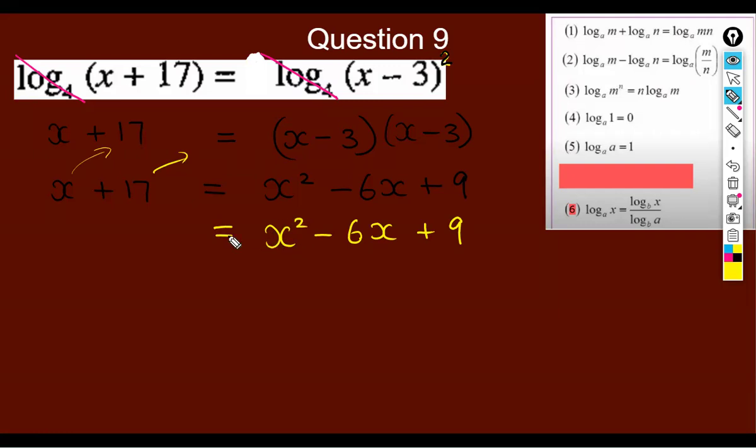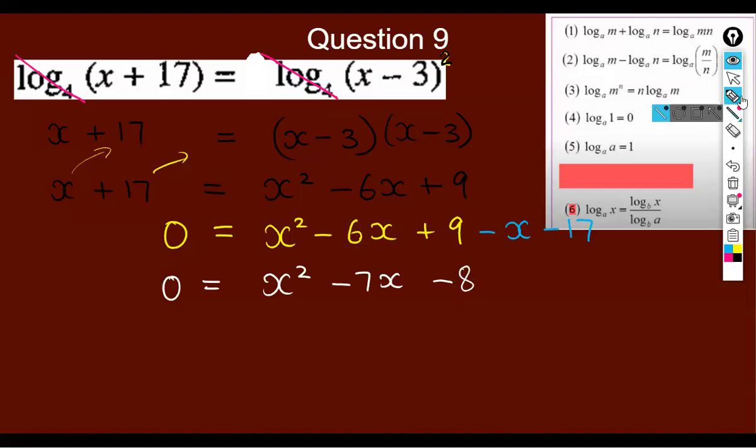So I throw across positive x to get minus x minus 17, and we get x squared minus 7x plus 9 minus 17. Does my quadratic look correct? I hope I'm correct. Once again, I do make mistakes from time to time.